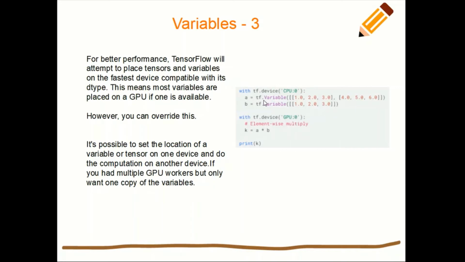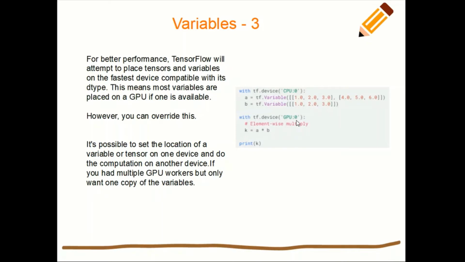So that way we can create the variables within the context of a particular device also. So in this particular case, the variables a and b are created in the context of CPU 0. And now when we are creating this variable k, which is a multiplication of a and b, we are doing it in the context of GPU 0.